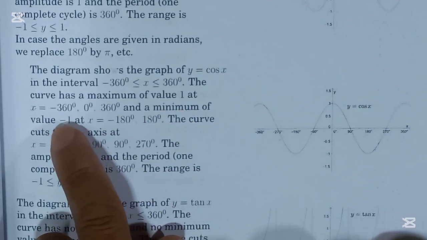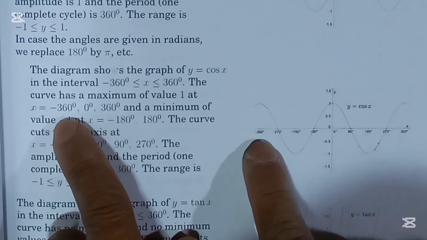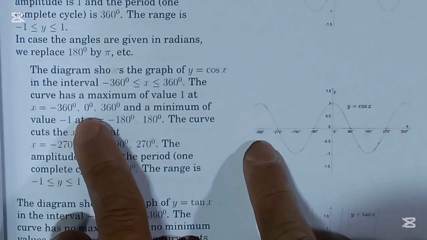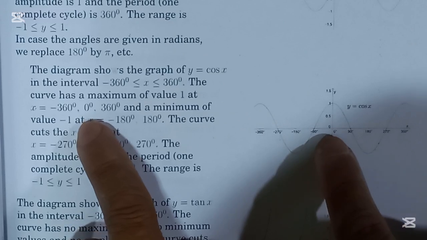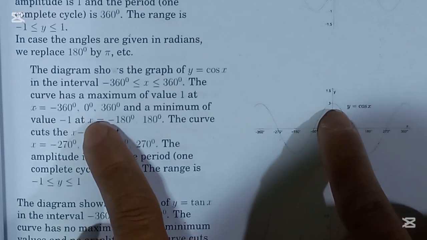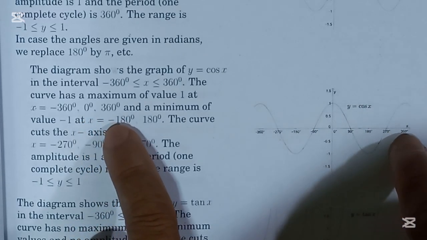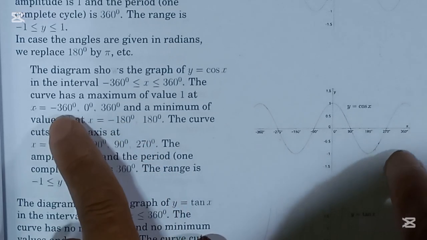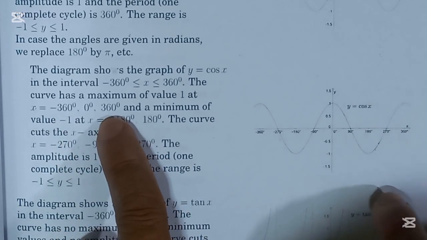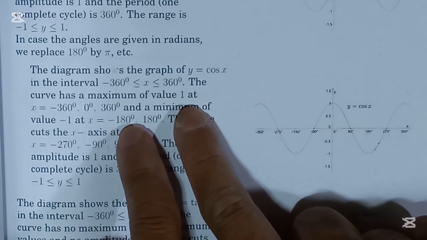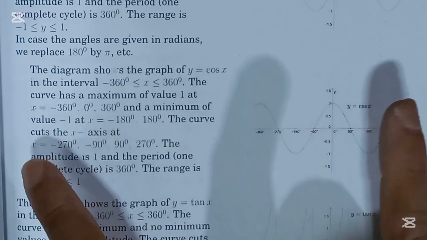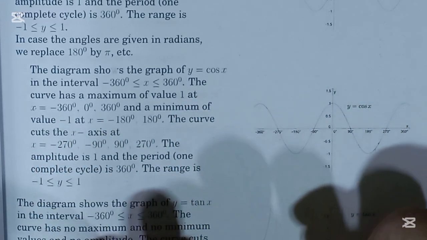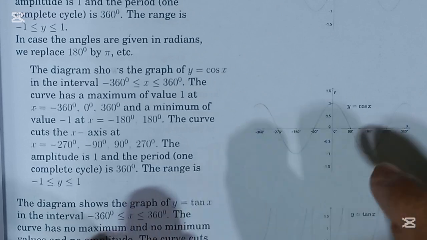So one is obtained at -360, and at 0. Look now, this is the 0 at which the maximum value is obtained, and the third value is +360. So these are three angles at which the maximum value of cos theta is obtained, that is 1.